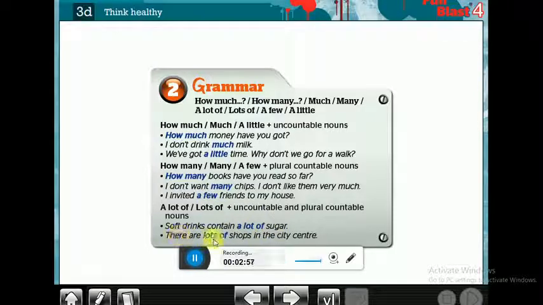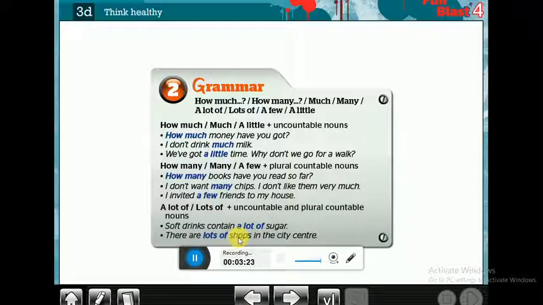There are lots of shops in the city center. Look here, a lot of sugar. Sugar is an uncountable noun. And here, shops is a countable noun. So a lot of and lots of are the same. They both are followed by countable or uncountable nouns.